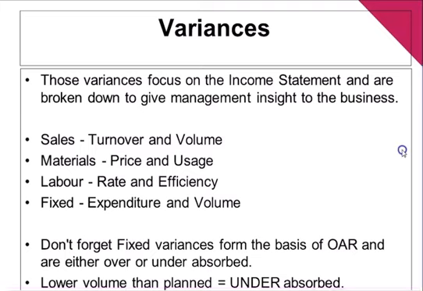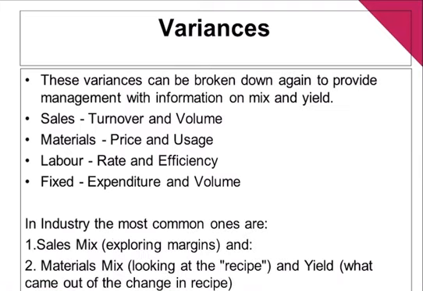Okay. So moving on to the next one, what we realized is that these particular variances could be broken down into mix and yield. And really, where we're looking at mix and yield is the volume, usage and efficiency variances, which is where mix and yield normally appear.